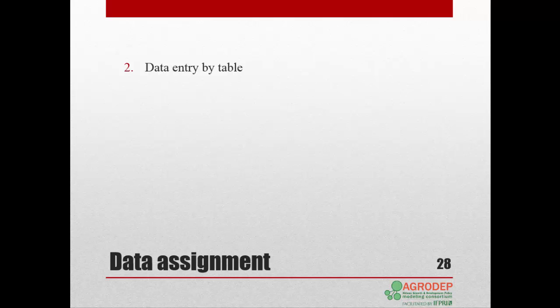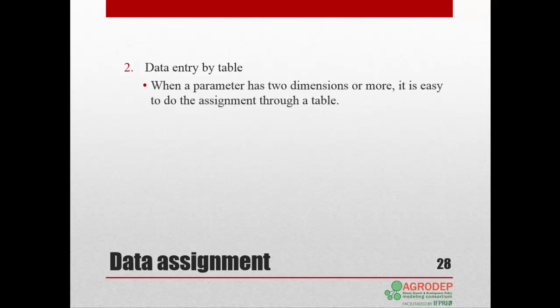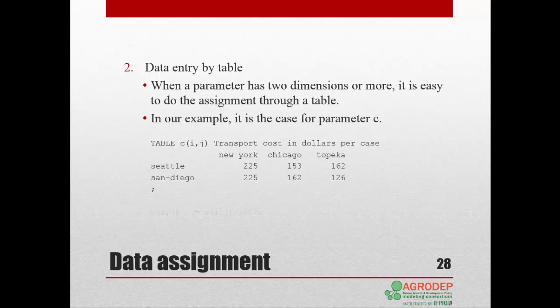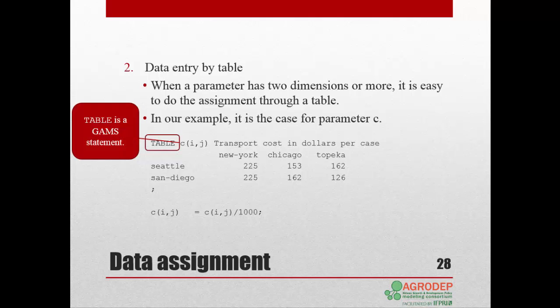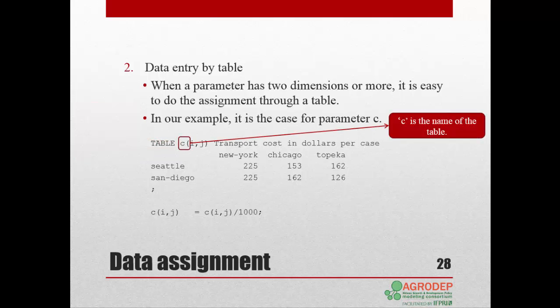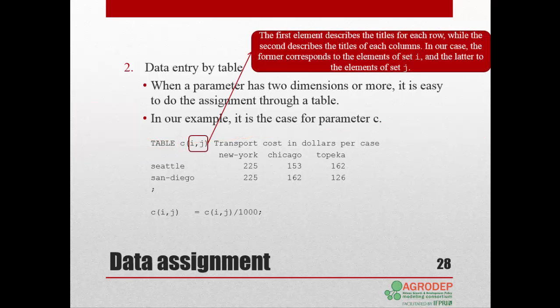When a parameter has two dimensions or more, data can be entered using the table statement. In our example, we can assign values to parameter Cij in the following manner. The keyword table appears first in the GAMS statement. C is the name of the table. It is defined over the sets I and j, which appear in parentheses.